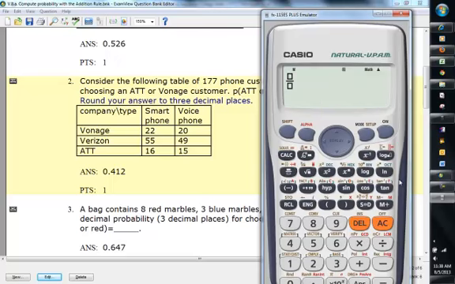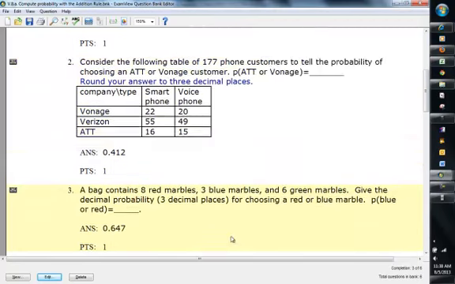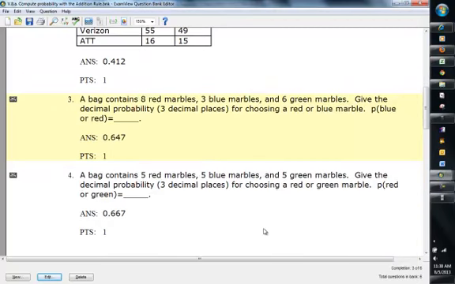Let's get our fraction going. AT&T is 16 plus 15, and then Vonage is 22 and 20 out of 177 is 0.412.